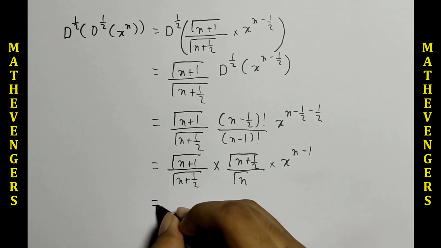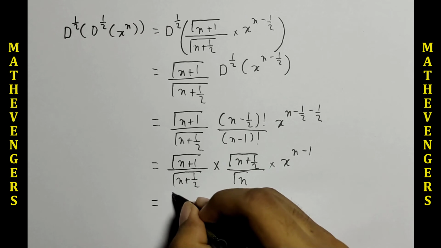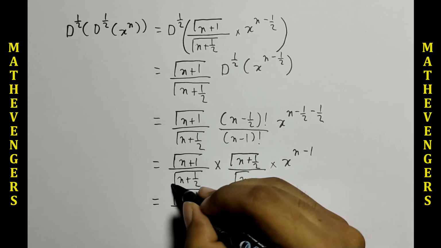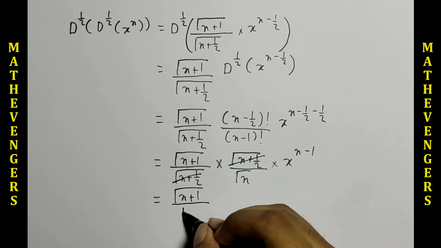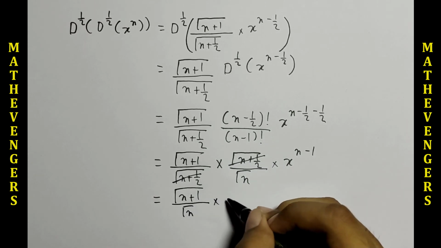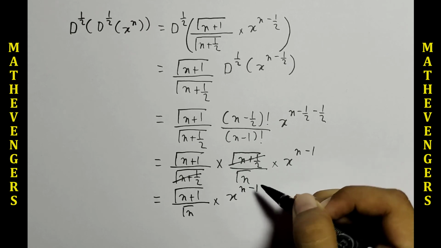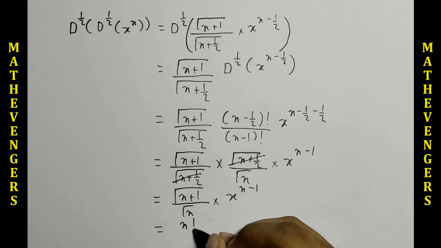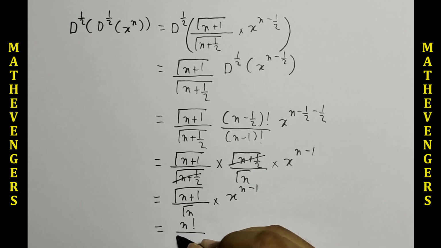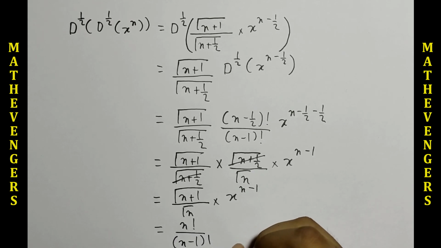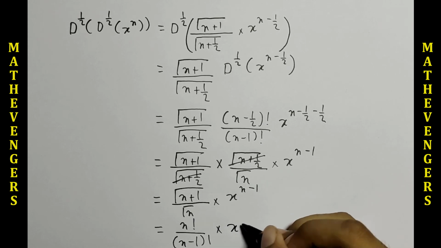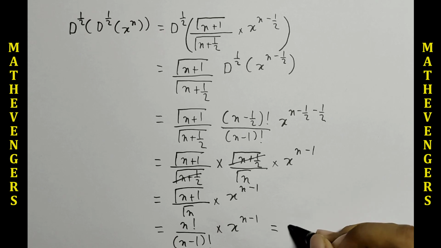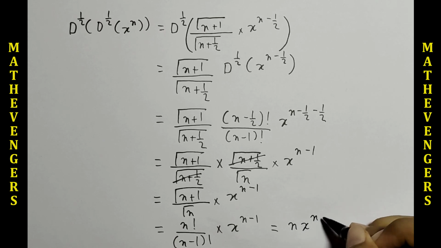So this will be equal to gamma of n plus 1 upon, this will cancel out, so gamma of n into x to the n minus 1. So this is n factorial upon n minus 1 factorial into x to the n minus 1, and this will be equal to n into x to the n minus 1.